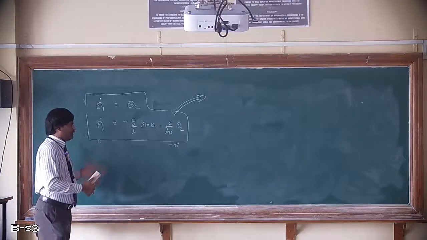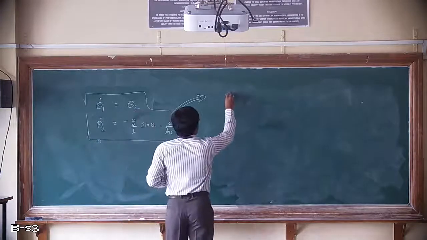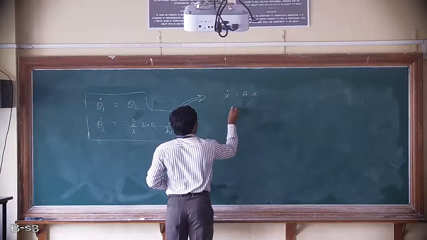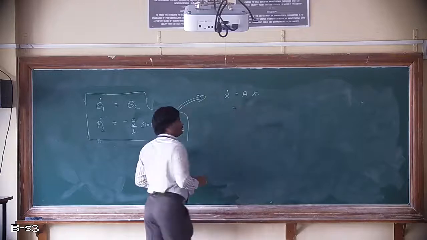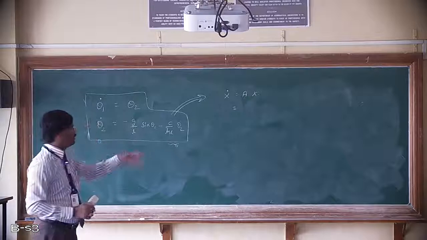Finally, you are bringing these two first order differential equations into this notation, x dot is equal to Ax. Here A is a second order system, a 2 by 2 matrix.